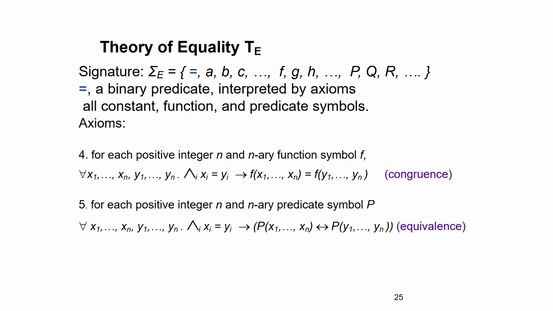And then finally, we have another axiom called equivalence. So for all variables x and y, if they are the same, and I evaluate a predicate on them, then this also has to give the same Boolean value. So this is now like the if and only if.